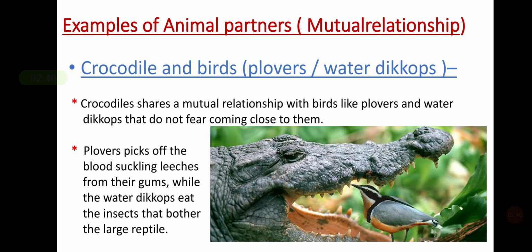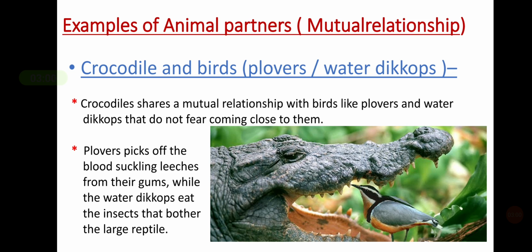Plover picks off the blood-sucking leeches from their gums, while the water thick-knees eat the insects that bother the large reptiles. Here you can understand that both the animals are benefiting each other.